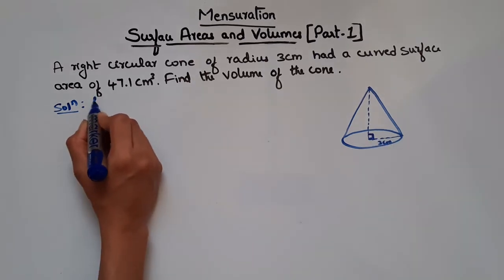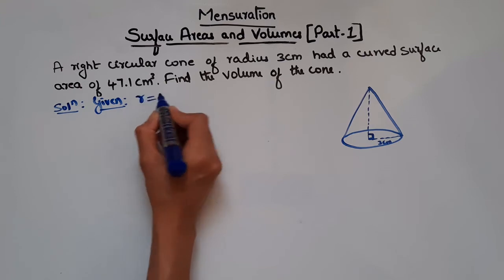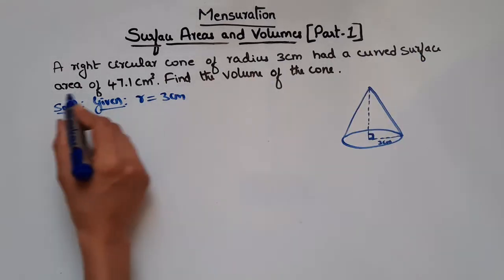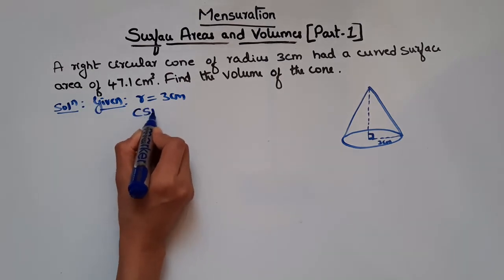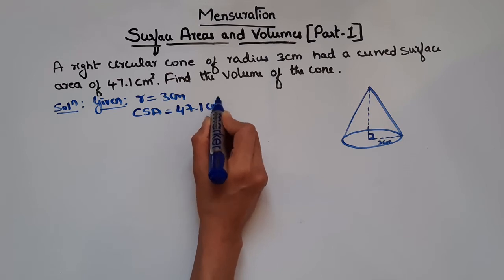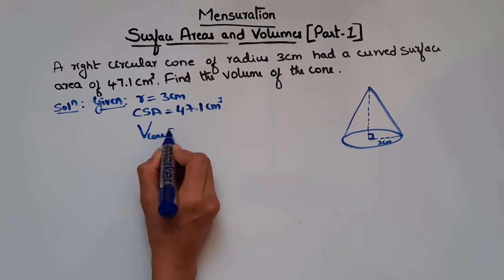So first let's write what is given. Given here is the radius of the circular cone, that is r. R is 3 centimeter, right? And the curved surface area, that is CSA, is equal to 47.1 square centimeter. Find the volume of the cone. Here our aim is to find the volume of the cone.